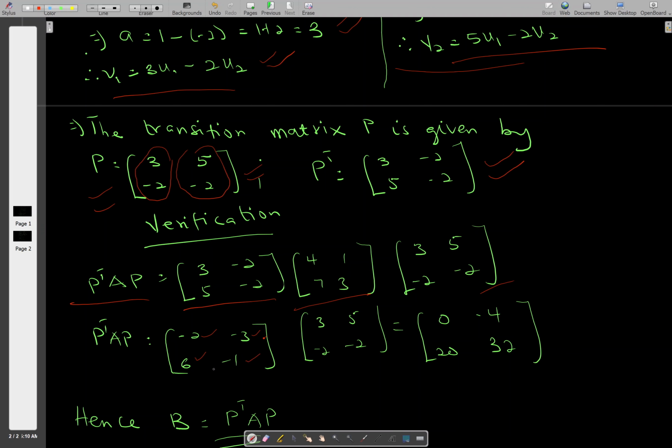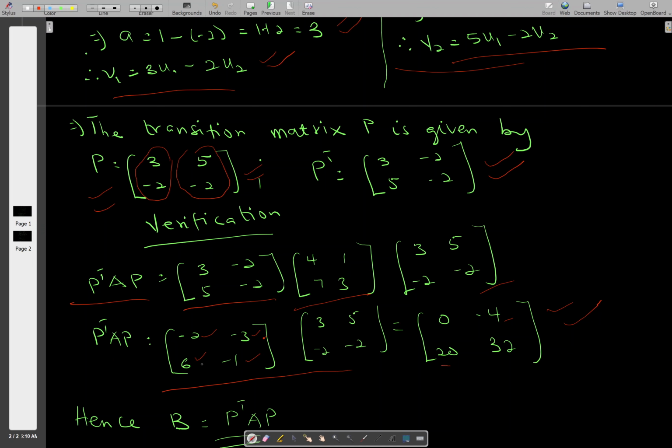Then you multiply by this. When you multiply these two matrices, you get this. That's negative 2 times 3 is negative 6 plus 6, that's 0. This, negative 10 plus 6, that's negative 4. 18 plus 2, that's positive, so we have 20.